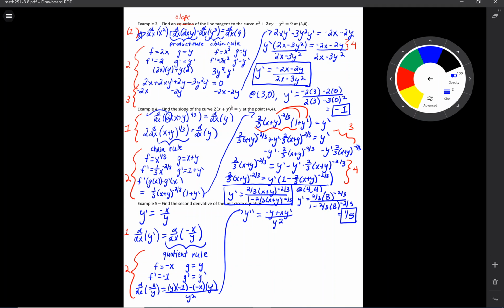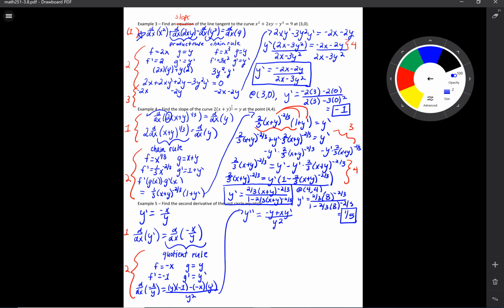So I want to find, again, the second derivative, y double prime, but I want it only in terms of x and y. If we think about this in terms of position, the second derivative is acceleration, and the acceleration might depend on only the position x and y, not on y prime. So I want to get rid of the y prime that I have in here and solve for y double prime only in terms of x and y.